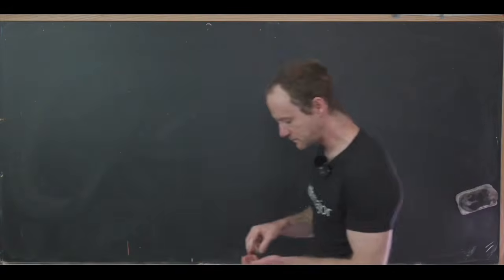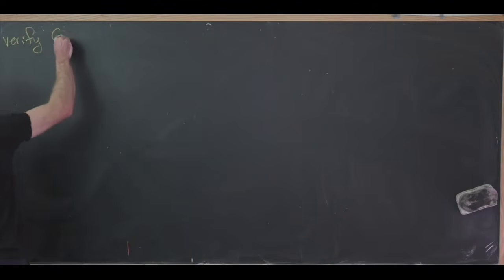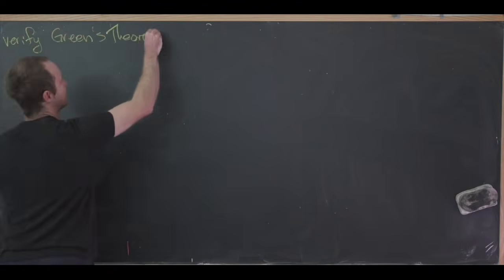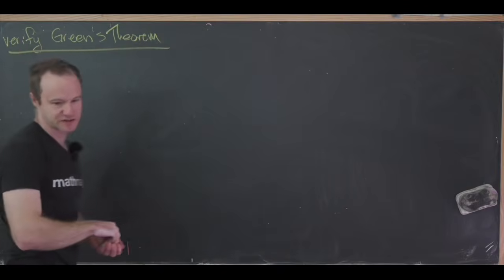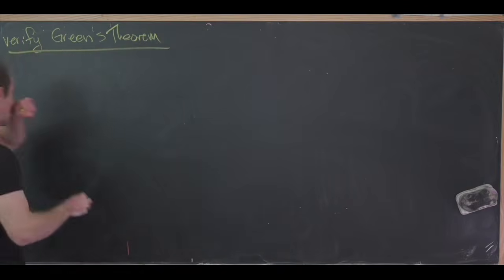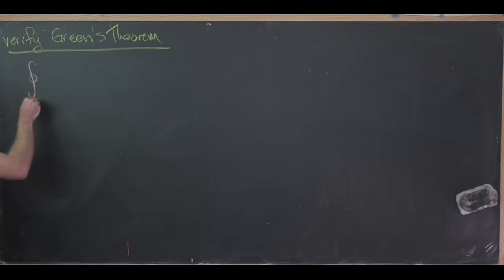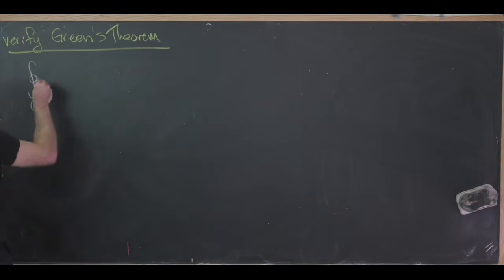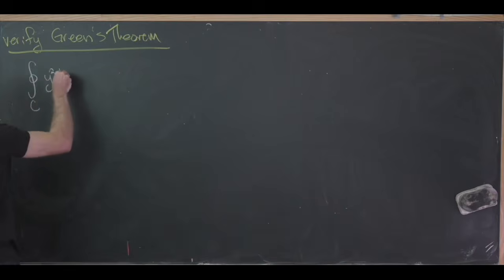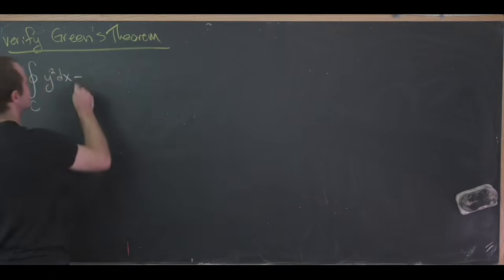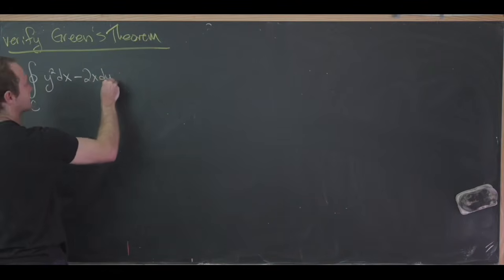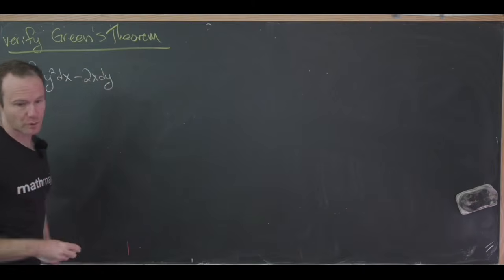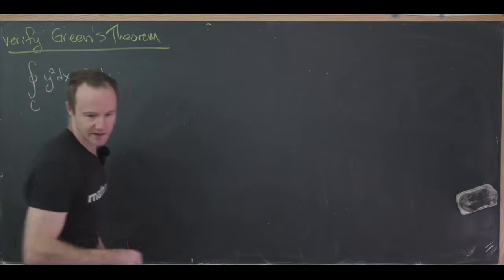Okay, good. Now let's verify Green's theorem for this particular example. Let's say we have the closed integral over the curve C of y squared dx minus 2x dy. That's the differential one-form that we're integrating, although you wouldn't say that in Calculus 3.